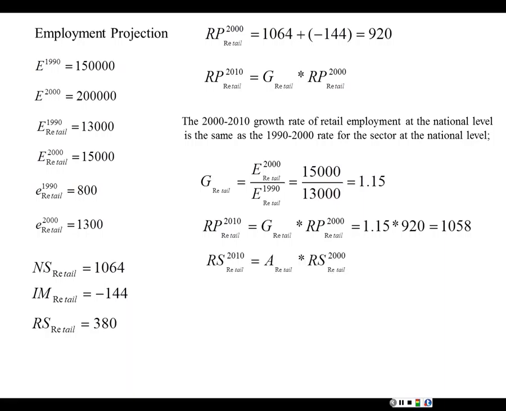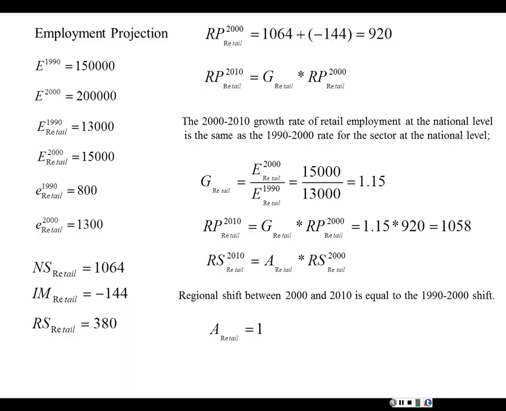And the next thing is the 2010 regional shift. We say the 2010 regional shift has a relation to the 2000 regional shift. The question here is, what's the relation? What's the A ratio? Here I give you another assumption. I say that the regional shift between 2000 and 2010 is equal to the 1990 to 2000 shift.